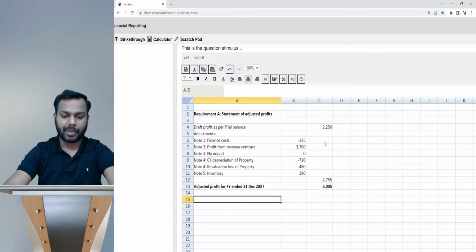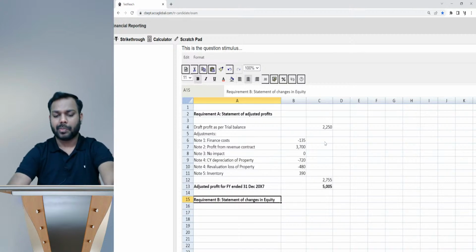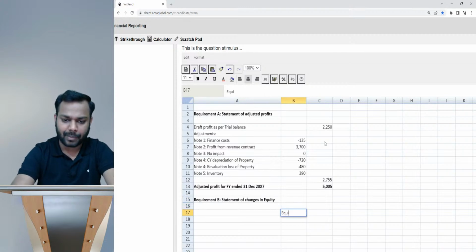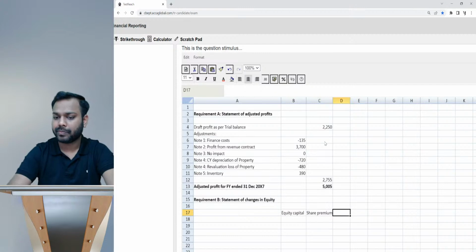Okay, now requirement B is a statement of changes in equity, right? Now, what is the statement of changes in equity? First is equity capital, then share premium, then what?